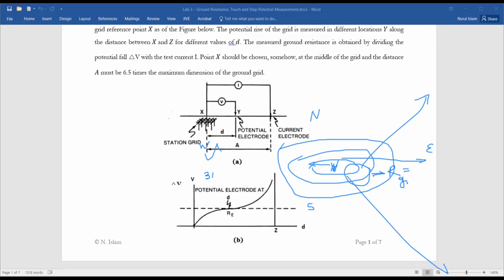But that's not important. What is important is to find this flat portion. So does that make sense? Theoretically and practically, you can move in any direction to find this area. It doesn't matter whether you move toward the current injecting electrode or in the opposite direction from the reference point.